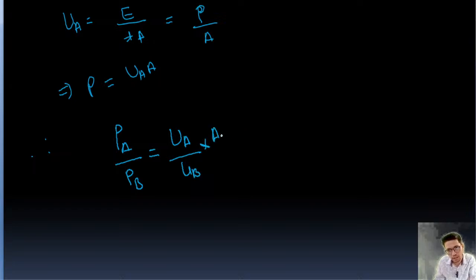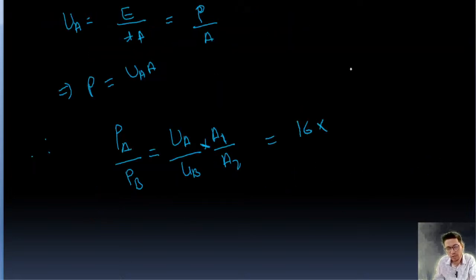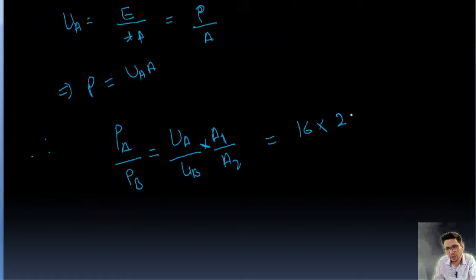A1 is the surface area of black body A and A2 is the surface area of black body B. So this is going to be UA upon UB, which we have already found is 16, right? A1 value is given in the question: the surface area of A is twice that of B. Suppose the surface area of B is A, then the surface area of A is going to be 2A.